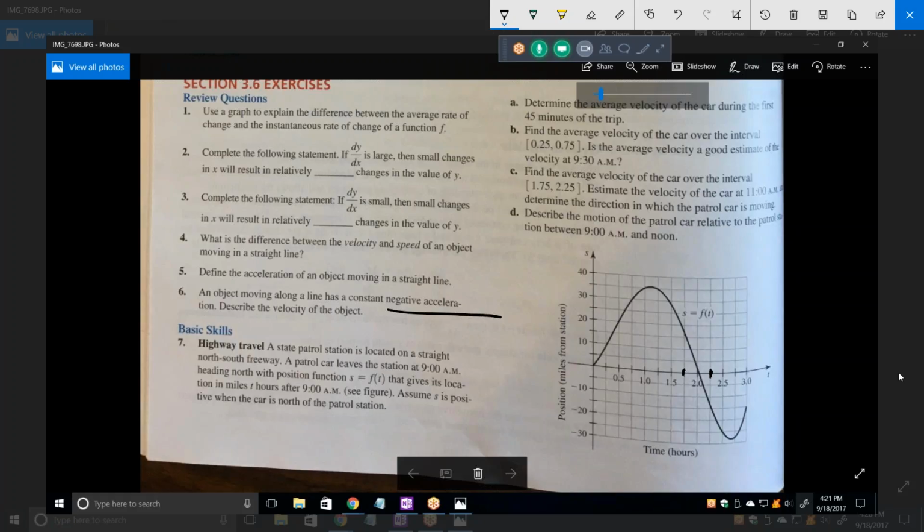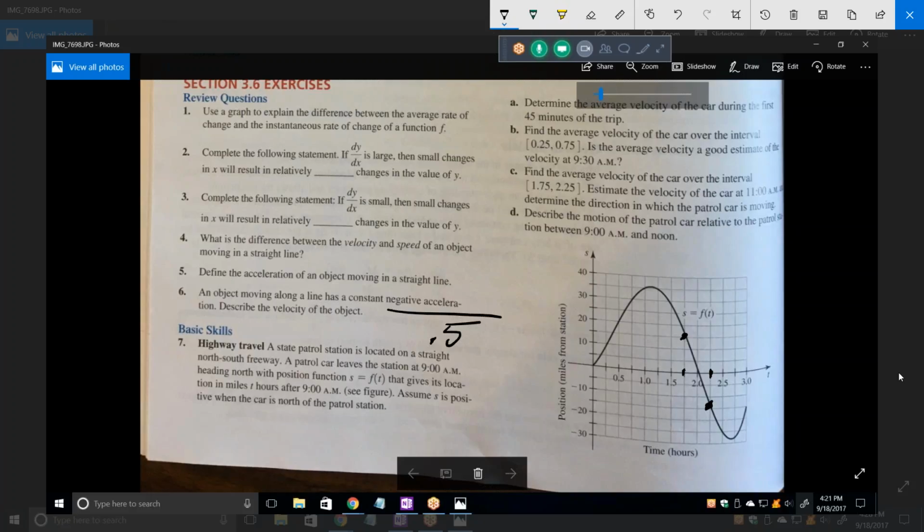Here's the y-coordinate at 175. Here's the y-coordinate at 225. So you take 225 minus 1.75. That gives you 0.5 in the denominator. That's the run. That's the x change.